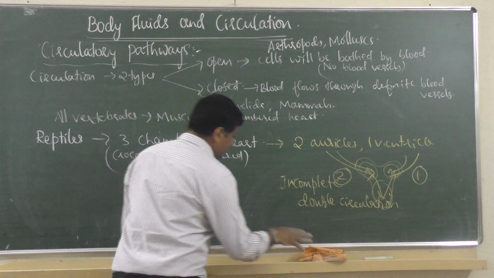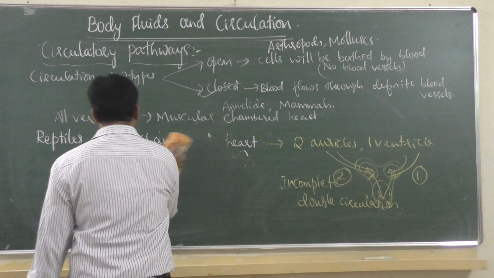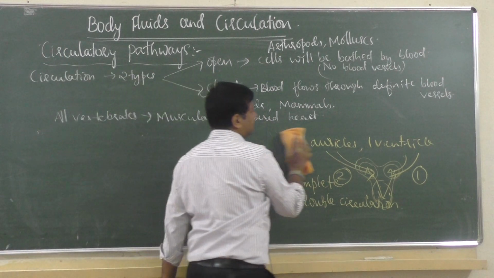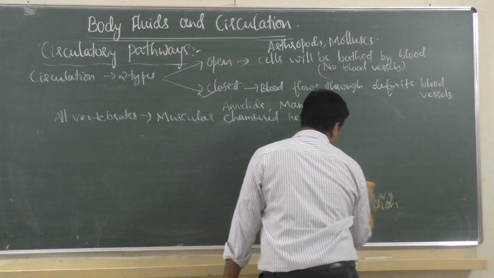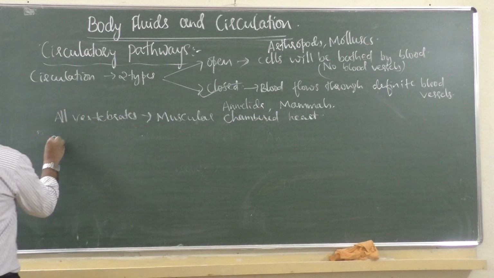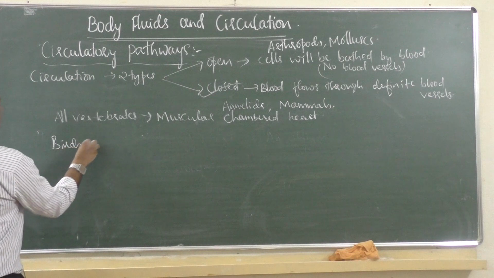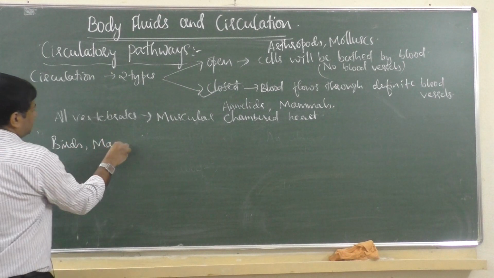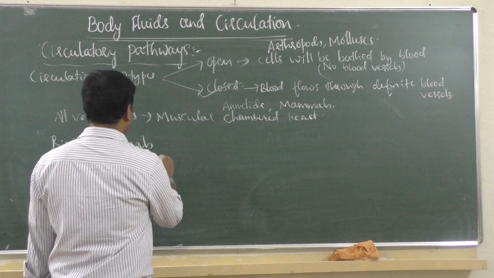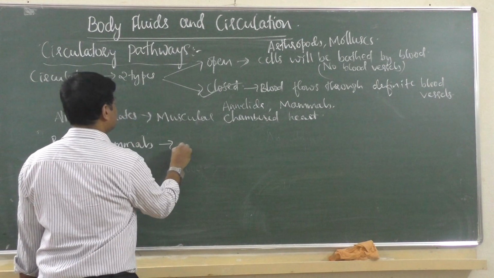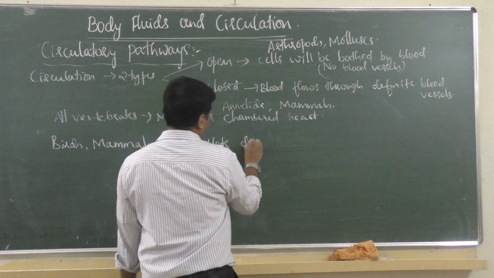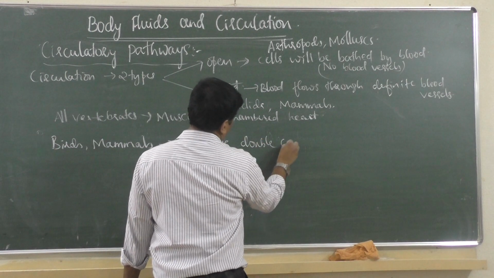Okay, so in birds and in mammals we see that it is complete double circulation. In crocodiles it is also complete double circulation.